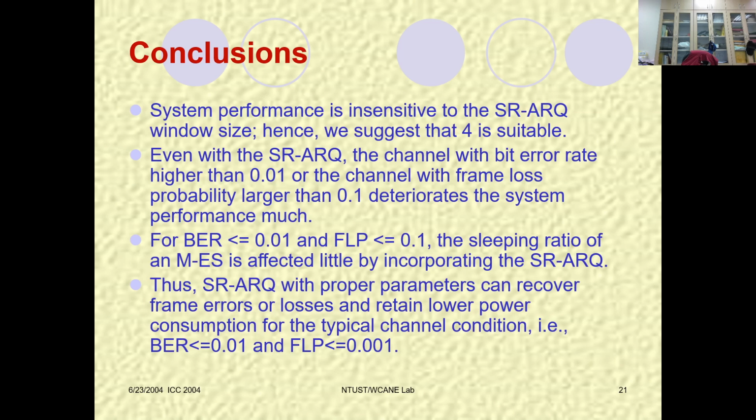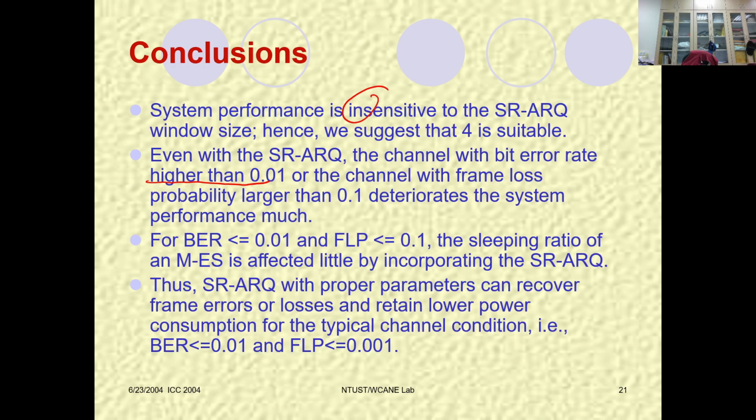Well, this is the conclusion. Within the conclusion, we have the system performance investigation, and the system performance is insensitive to the window size, which we finally set to 4, with selective repeat ARQ. If the channel condition has BER higher than or equal to 0.01, then we have an observable large loss probability.